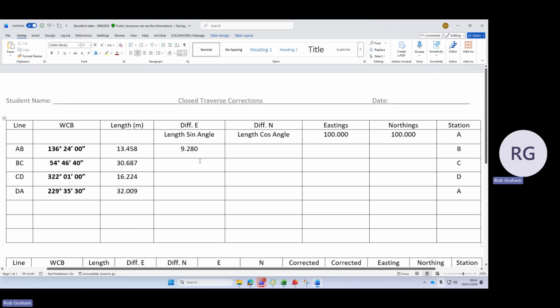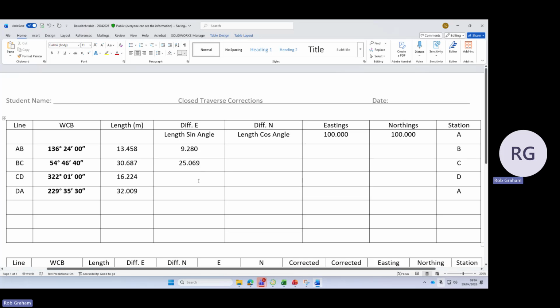So we then simply move down, and for familiarity, we stick with the sine calculation, not to confuse things. So 30.687 sine, 54 degrees, 46 minutes, and 40 seconds. Close the brackets, and we're getting 25.069. So we're rounding to 3 decimal places there, guys.